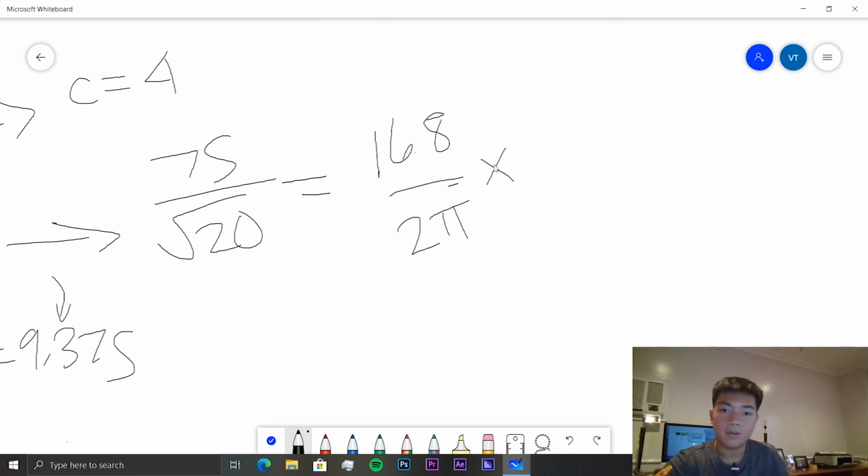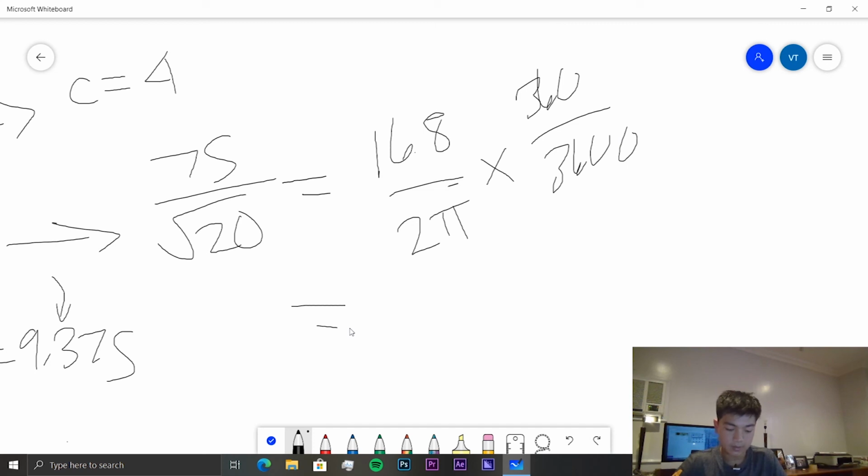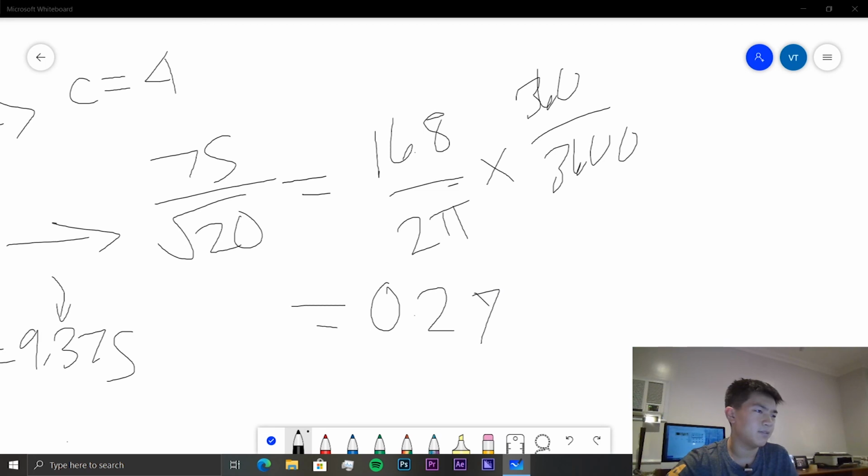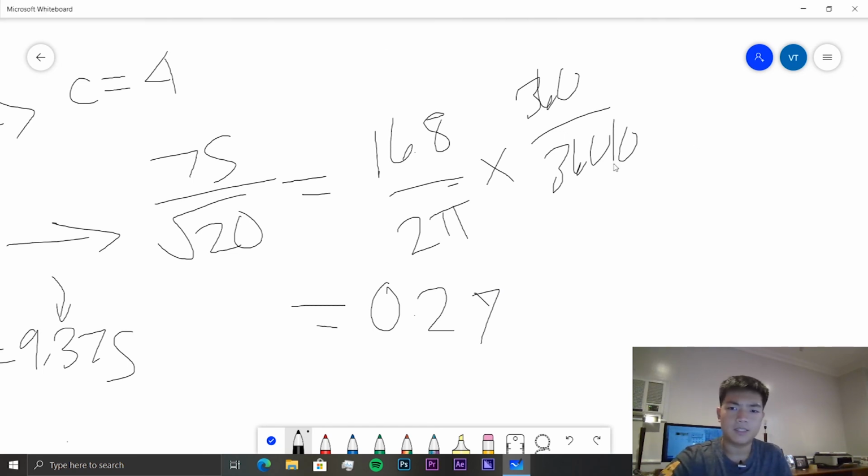So if we divide by 2 pi times 360 divided by 3600, we end up with something like 0.27 degrees per second. The book is saying something different. The book is saying that, but multiplied by 10, and so I think it's a rounding error on the book's part because they forgot to divide by this extra 0.